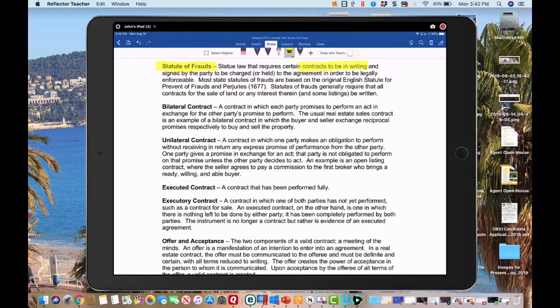And it says certain contracts, and what we're talking about there are real estate contracts. So real estate contracts need to be in writing in order to be enforceable. So if you can just connect the dots with the word writing and statute of frauds, you're going to be in good shape for that definition right there.